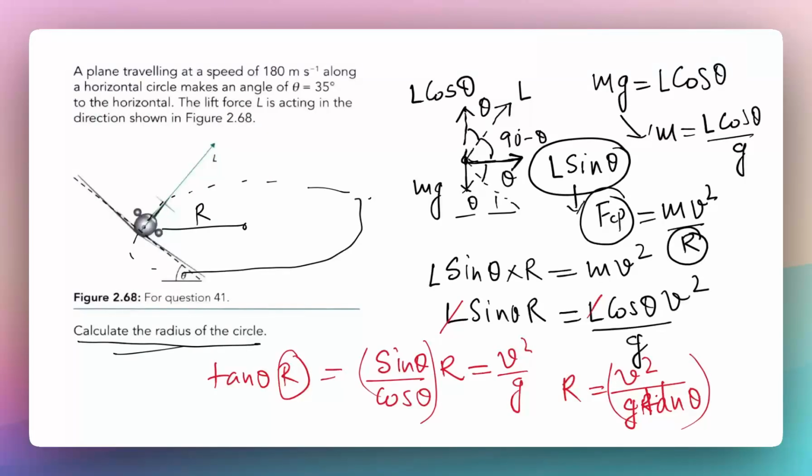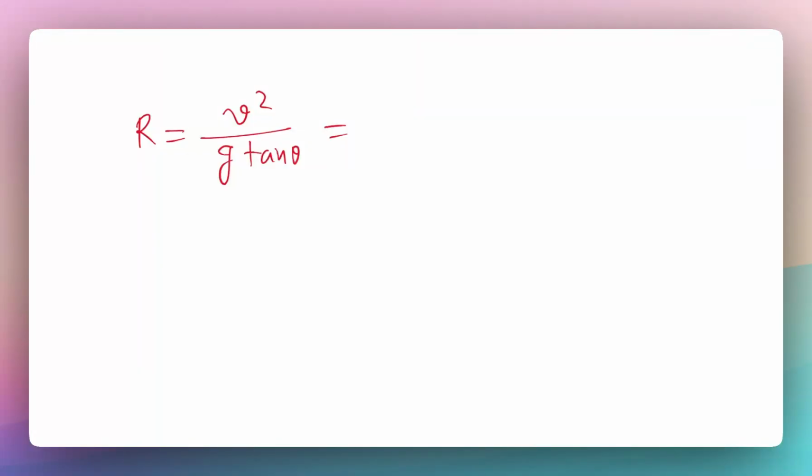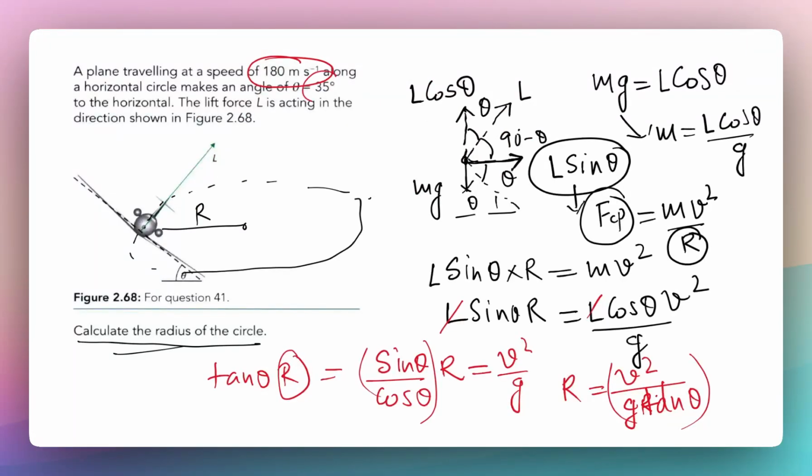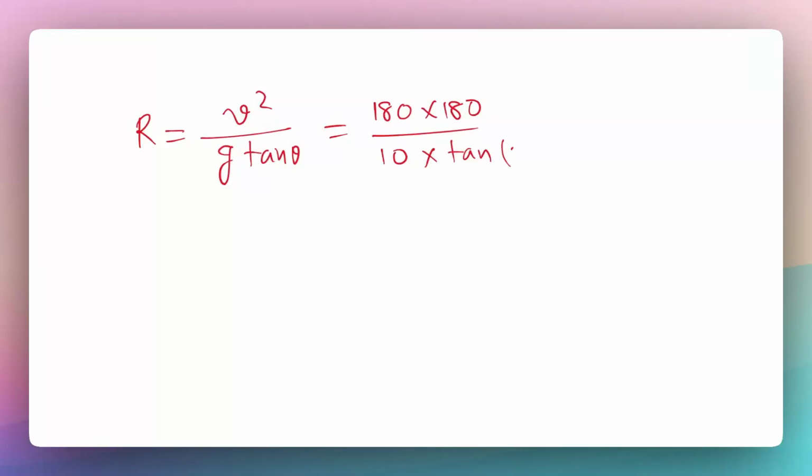Now let's look at what value of v they have given. v is 180 meters per second, so 180 into 180. g we will take as 10. And then the value of theta is given to be 35, so that's tan 35 degrees. When you compute that, tan theta is 0.7.